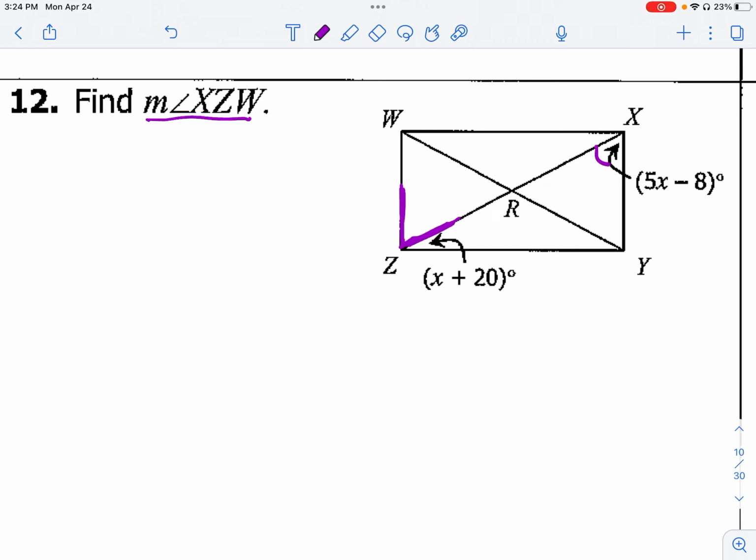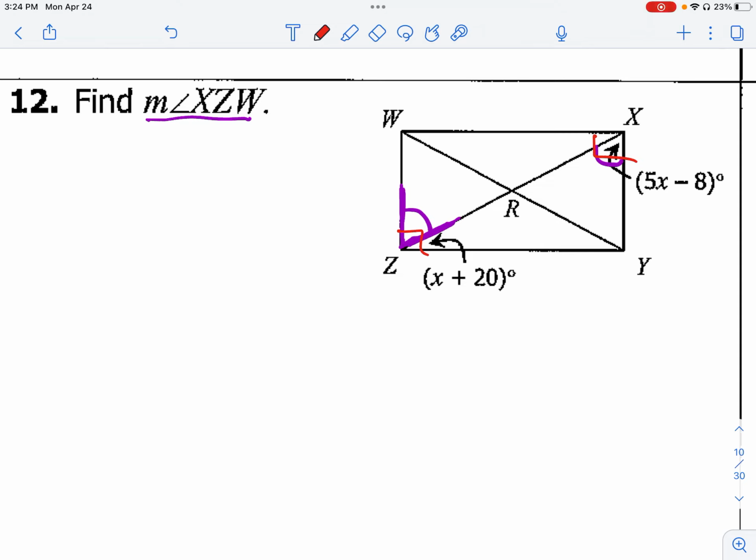And we know that this and this will be the same angle, but these two aren't as helpful because they're not next to each other, but we still know this is 90 degrees and this is 90 degrees.